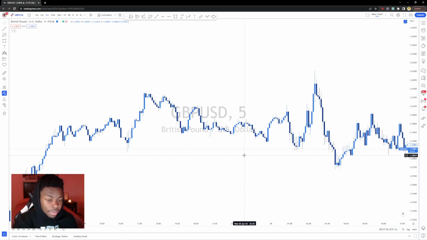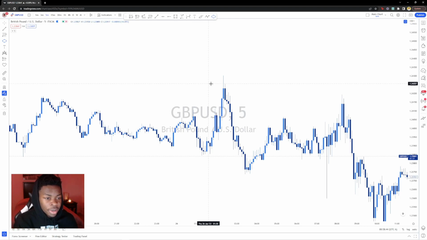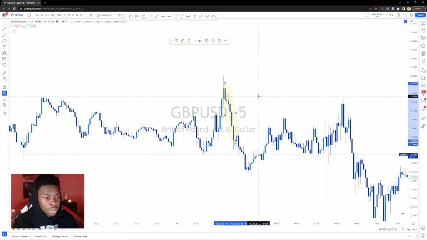So, how to identify supply and demand zones? One way is to find 3 or more momentum candles that will indicate that there is enough volume for you to have your interest, or for you to actually draw a zone of interest. Let's try to find an example for supply. We can see that we have some momentum right here, some candles going downwards.